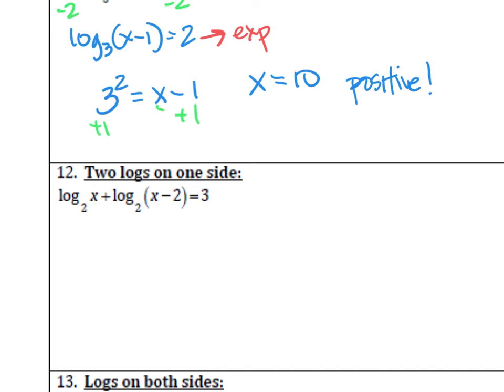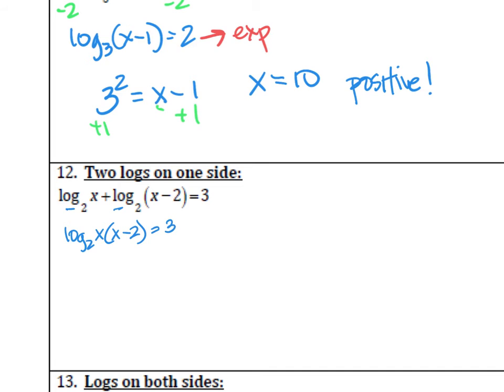Here we have 2 logs on one side. So what that is telling us is that we need to condense. And we see that plus. That means it's going to change to multiplying. So at this point, it is isolated.